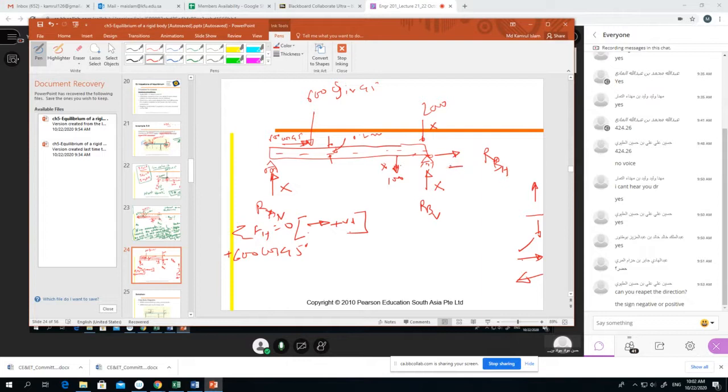So we have only one more horizontal force, RBH, in the right direction, so plus, and there is no other horizontal force, so equal to 0. Now RBH equals how much? Tell me the calculation quickly.